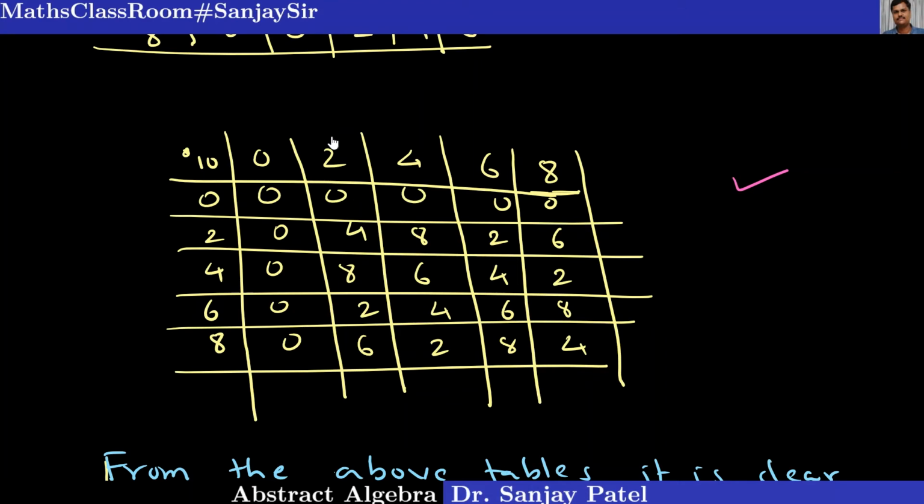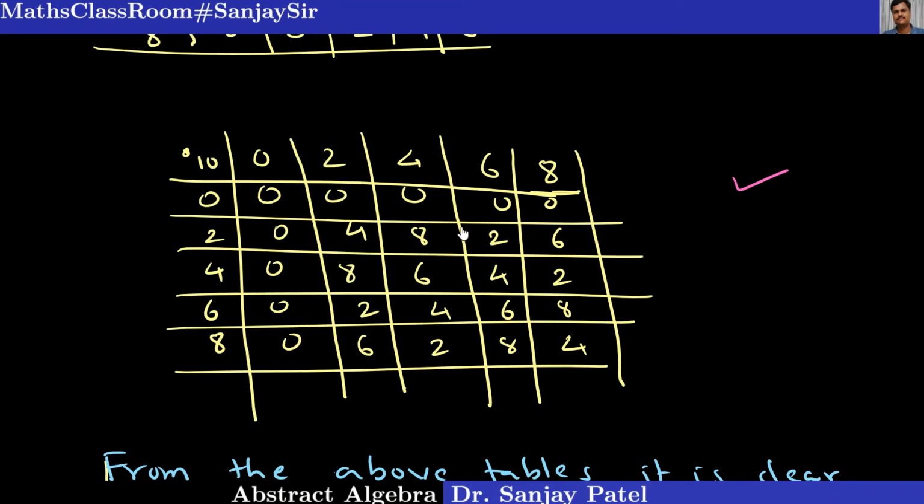Suppose I consider this element 2, then you see 0 into 2 is 0, 2 into 2 is 4, so this is not working as an identity element. Like 4 into 2 must be 4, but I am not getting that. I cannot take this as identity element.